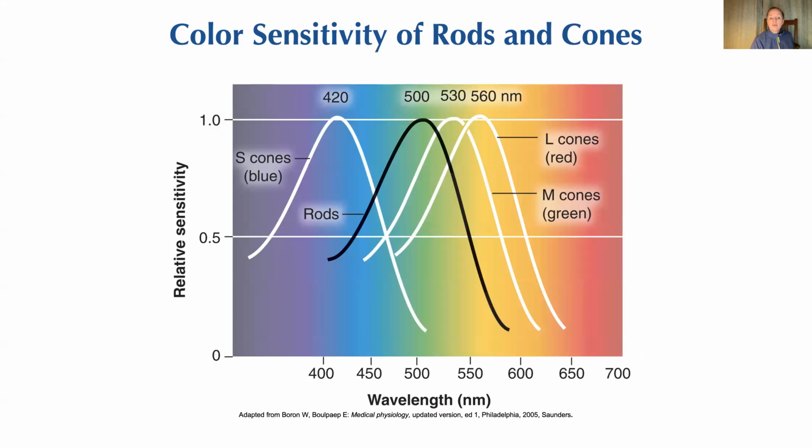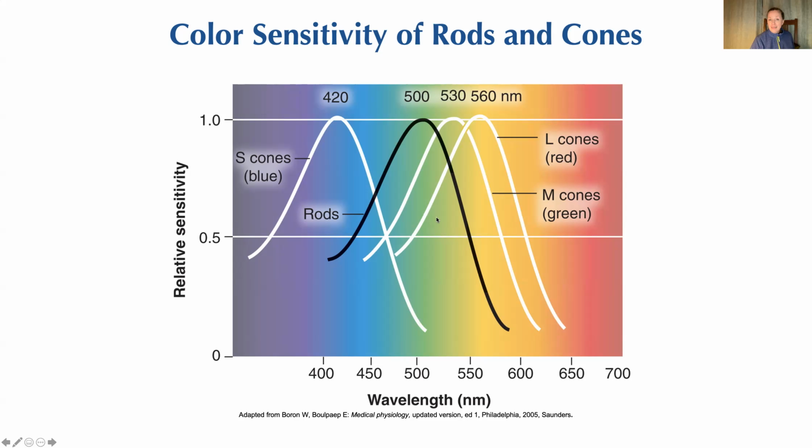So looking at this, we see the rods get stimulated right around 500 nanometers. The short wavelength, 420, is the S cones, or the blue range. The green range is the medium wavelengths, around 530, and the red cones, or the L cones, at about 560.